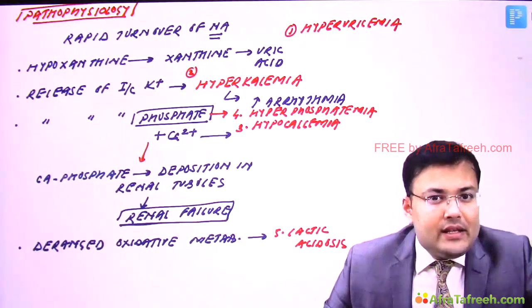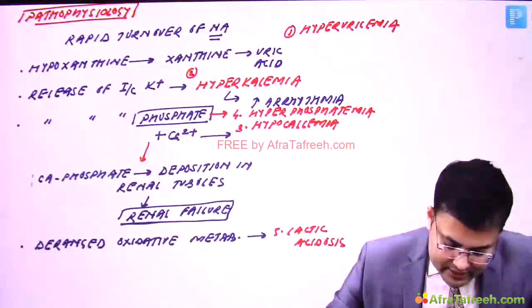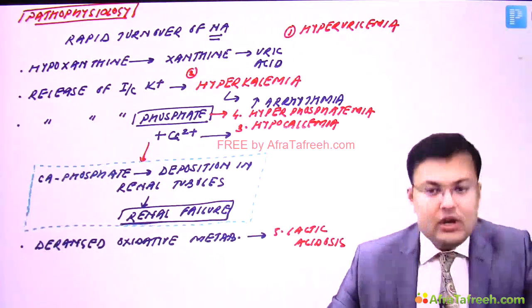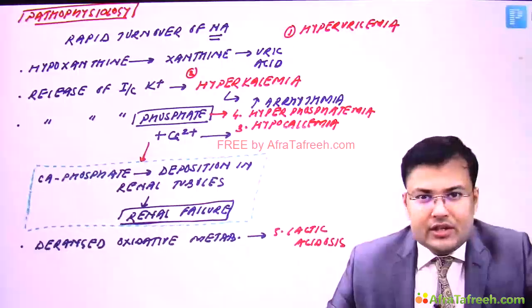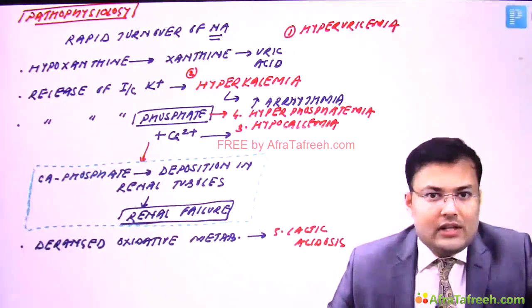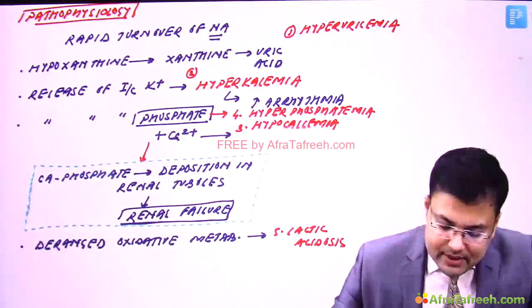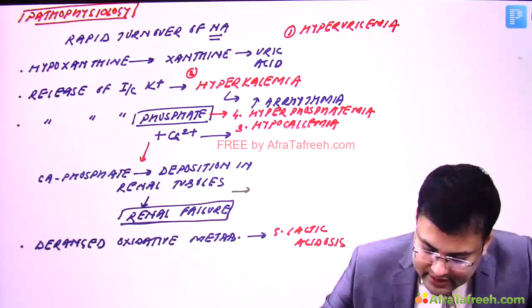Now it's very easy to understand the management. Now see the problem here. There is deposition of calcium phosphate in the renal tubules. Clear? Which can lead to renal failure. So how can we prevent this deposition? If we go for dilution. Dilution means if we go for aggressive rehydration. So what is the first step here? In management, we go for aggressive rehydration.